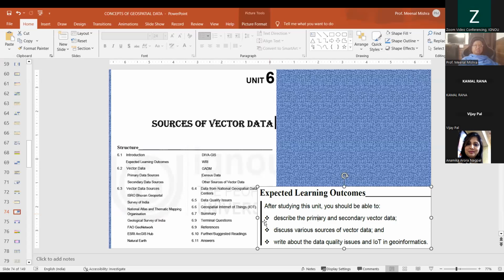The major learning outcomes are that you should be able to describe primary and secondary vector data, and discuss various sources of vector data and data quality. So these are the learning outcomes.